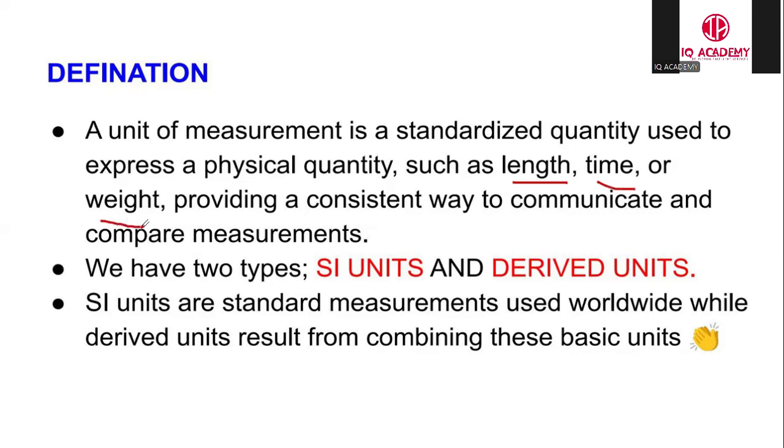So the unit will be used to standardize that quantity. For example, when I say 5 meters, you will know that I'm talking about length. When I say 10 minutes, you will know that I'm talking about time. Or if I say 4 kgs, you know that I'm talking about weight or mass. So a unit is used to standardize.